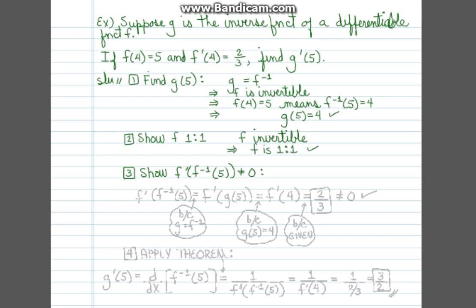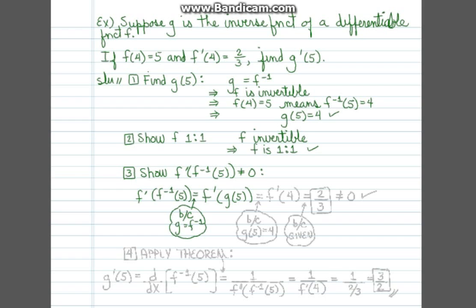Okay, let's do that. We'll start by saying f prime of f inverse of 5 is equal to f prime of g of 5. And the reason this is true, I'll note it right here, is because g is equal to f inverse by the definition of g given in the problem. So we just replace f inverse with g.